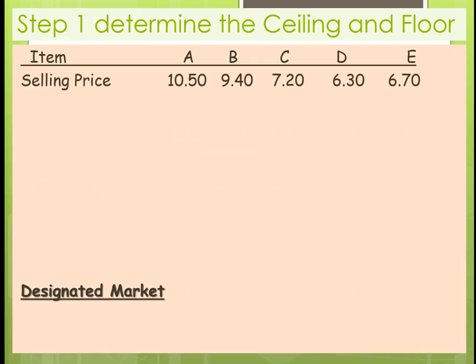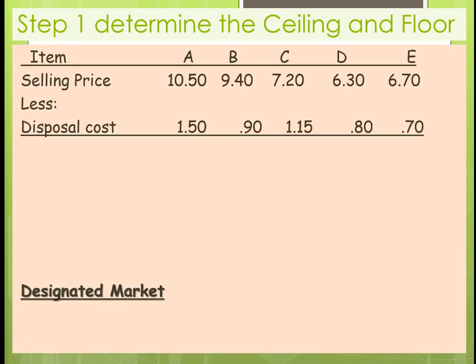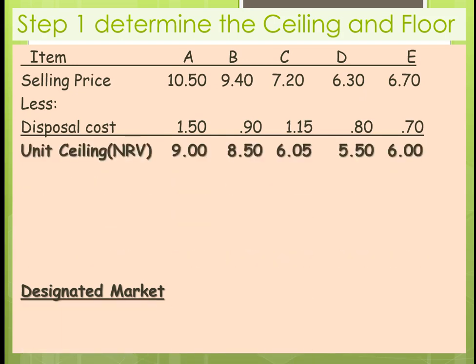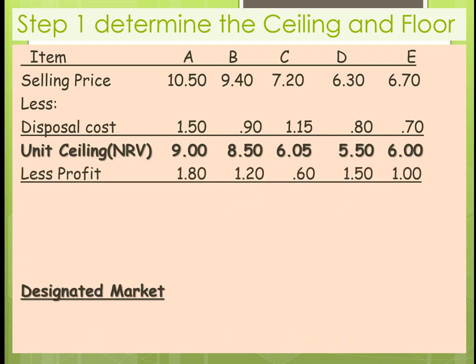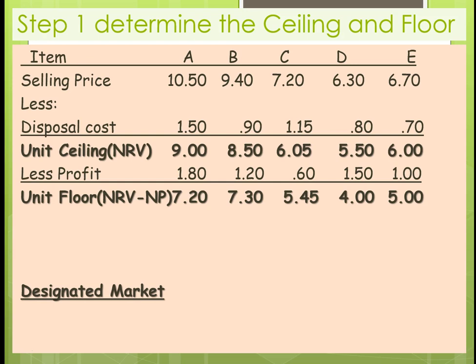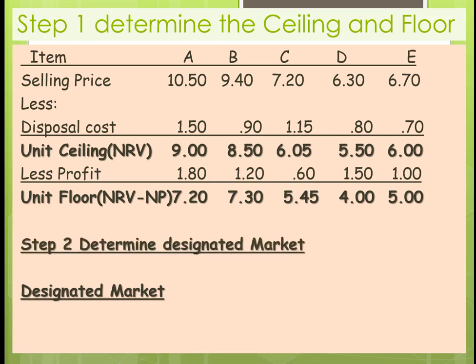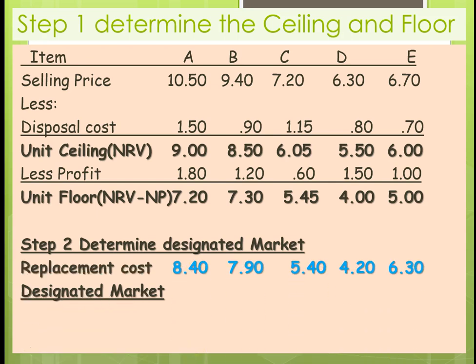So, here's the item, the selling price. I'm going to subtract out the disposal cost, and that's going to give me my ceiling or net realizable value. Now what I'm going to do is subtract out the profit, and that gives me my floor. Now I'm going to compare it to the designated market.